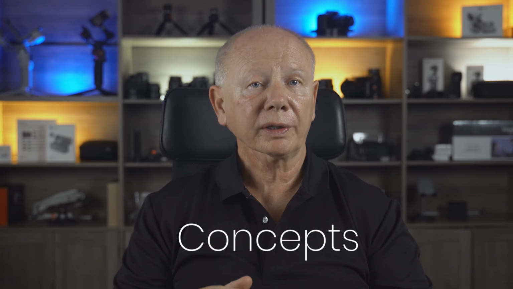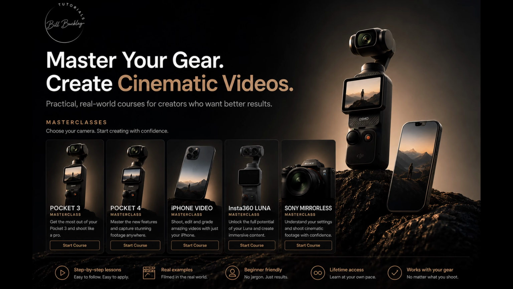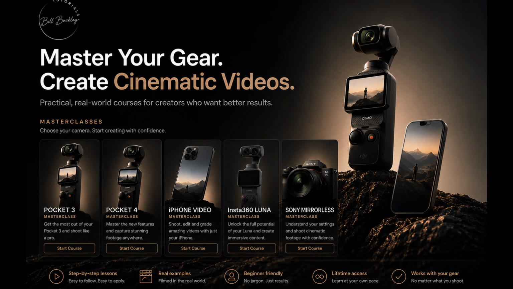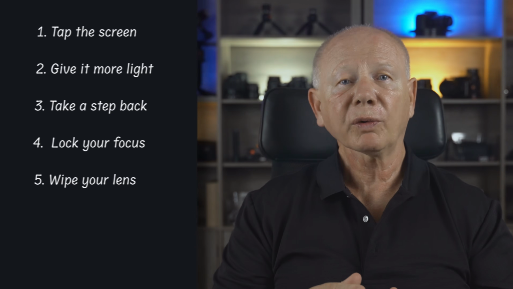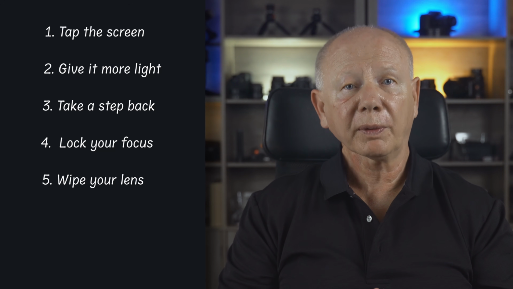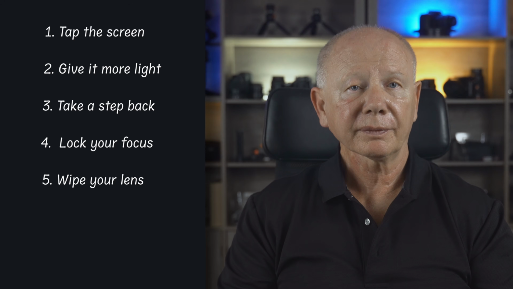In this course, we're focusing on the concepts that work across almost every camera. Then in my camera-specific masterclasses, I'll show you exactly where to find these exact settings on your camera. But regardless of what you're shooting with, these 5 tips will solve most focus problems.